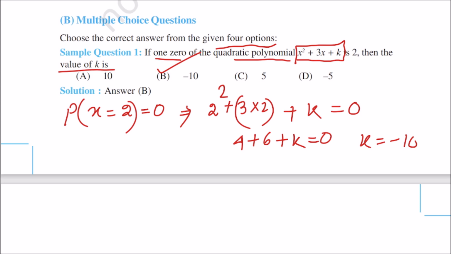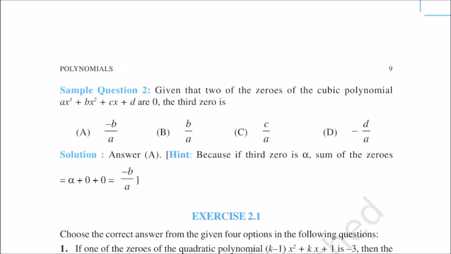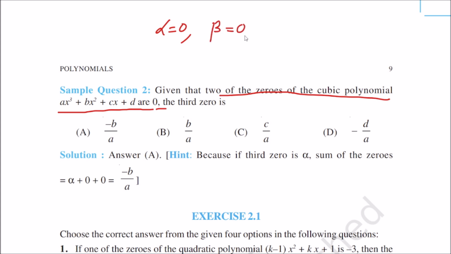Similarly, let us come to another question. Given two zeros of the cubic polynomial ax cube plus bx square plus cx plus d are 0, then what is the third zero? Two zeros are 0. That means alpha is 0, beta is 0, gamma you have to find out.